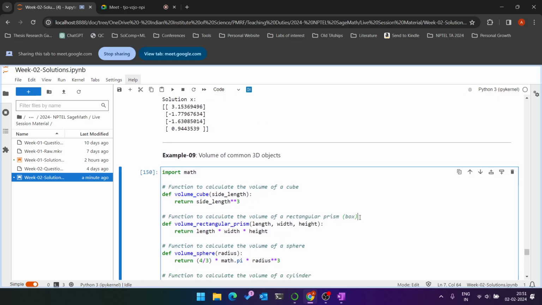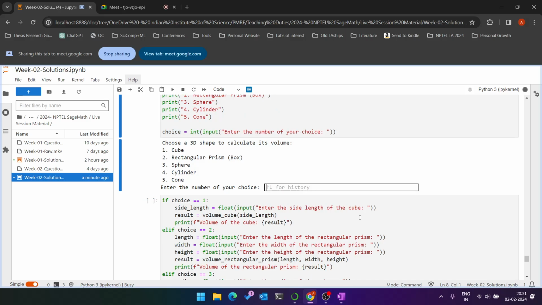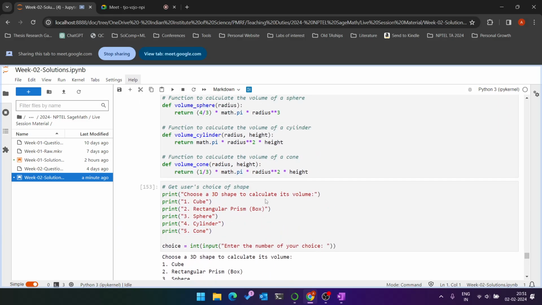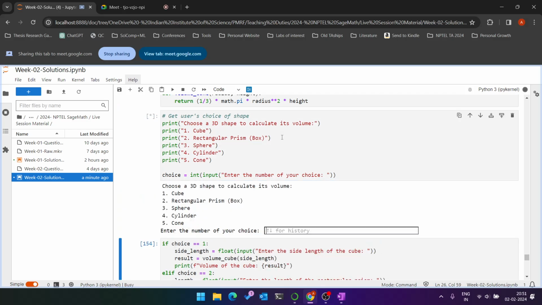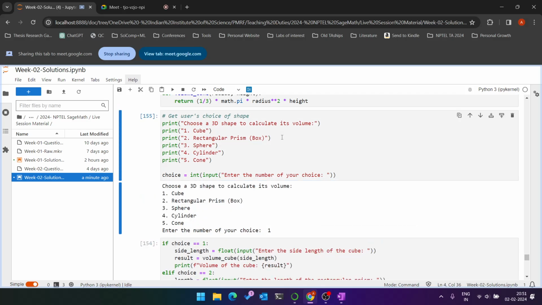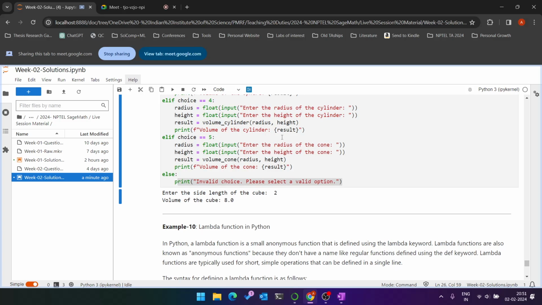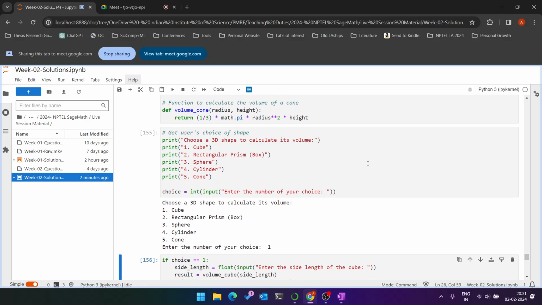So we'll start again. From my functions, suppose I enter the choice -1. There is no choice -1, and if I run this function now, it will tell me that I have selected a wrong option. If I again go back to this choice, run a cube with a side length of 2, then I expect my volume to be 2 cubed, which is exactly what we are getting from our function.